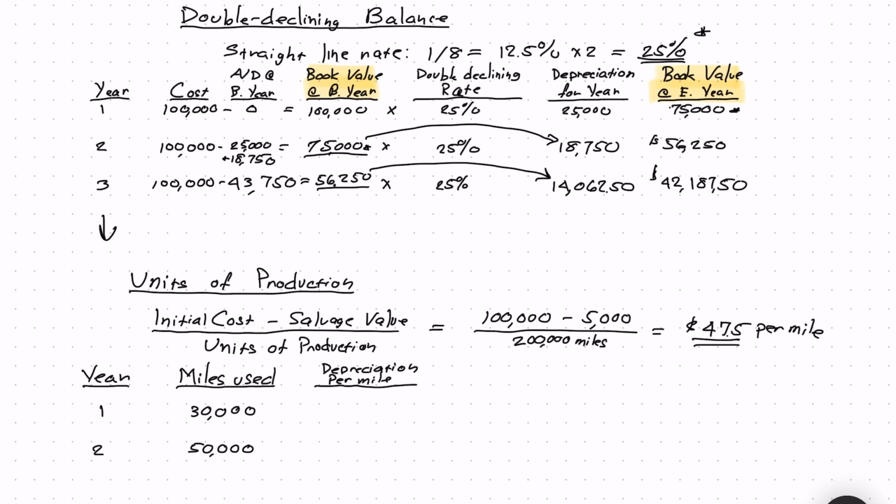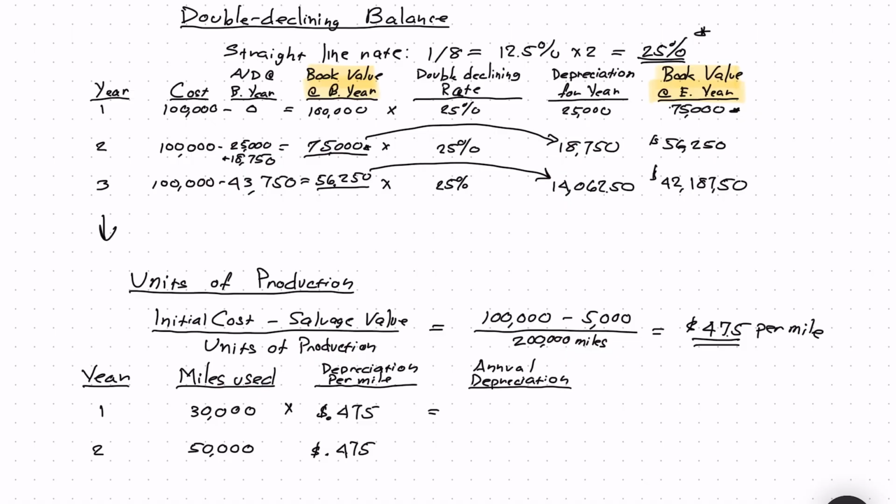Our depreciation per mile that we calculated was 47.5 cents or 0.475. And then lastly, we will get our annual depreciation from that. So if I go down to year 2, my 47.5 cents remains the same.